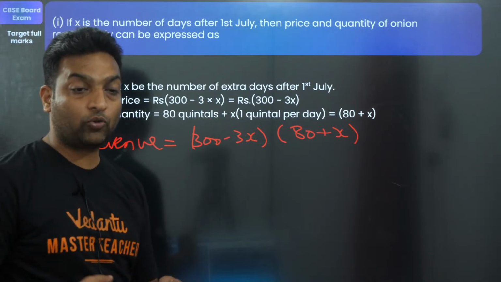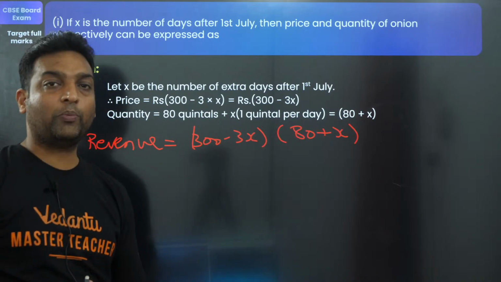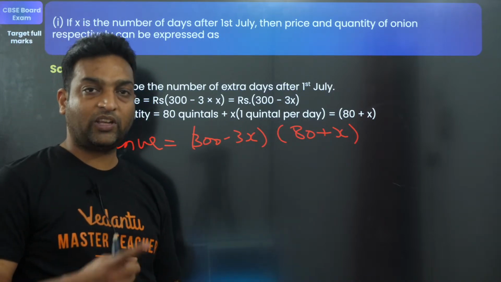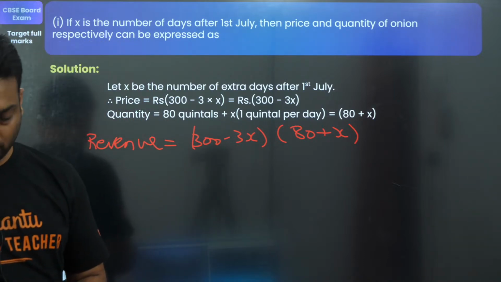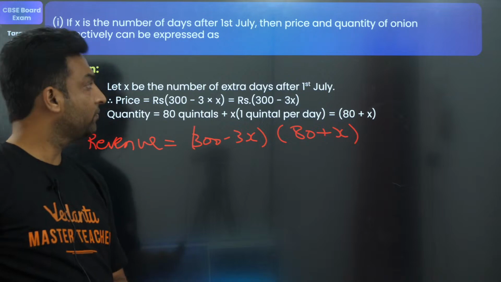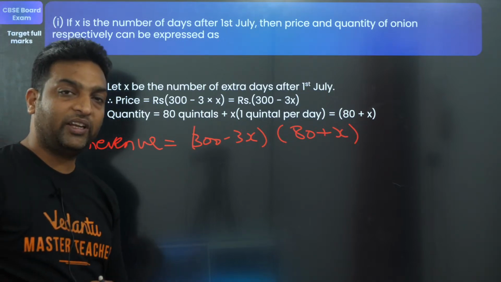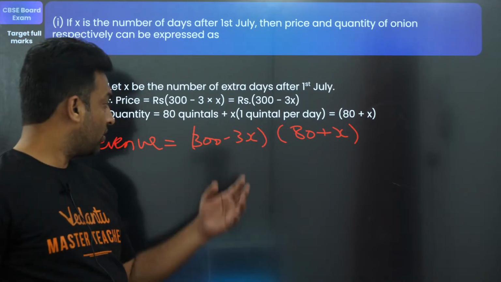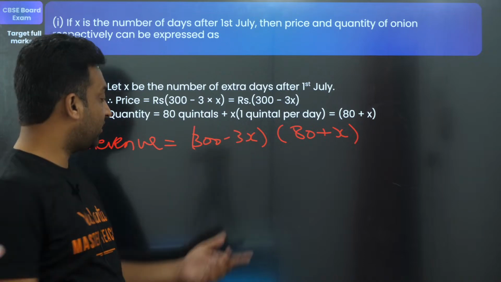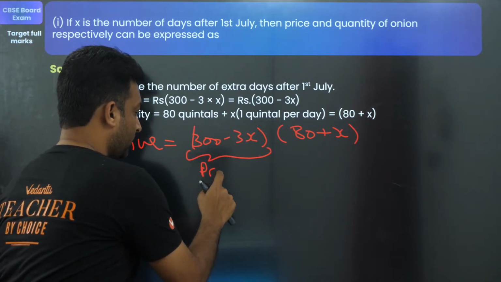Revenue means price into quantity. For 1 quintal the revenue will be 300, right? Say for 3, this is the price.